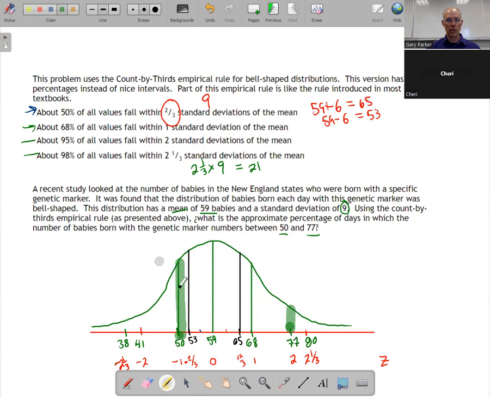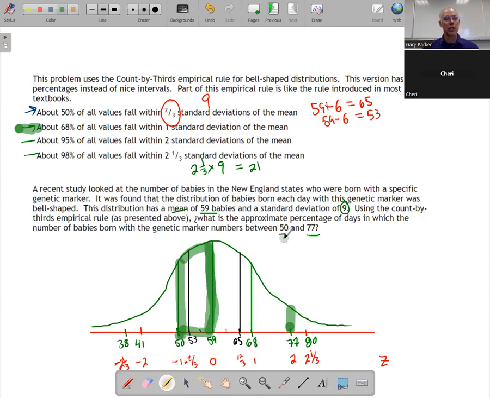All right, so let's see, what do we got? 50 was related to 1 standard deviation. So within 1 standard deviation, we have 68% of the data total. Now I'm just going to look at half of that. So half of 68% should be between the mean and that lower -1 z-score there.